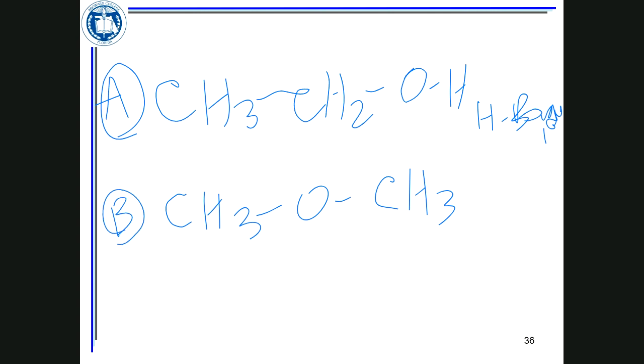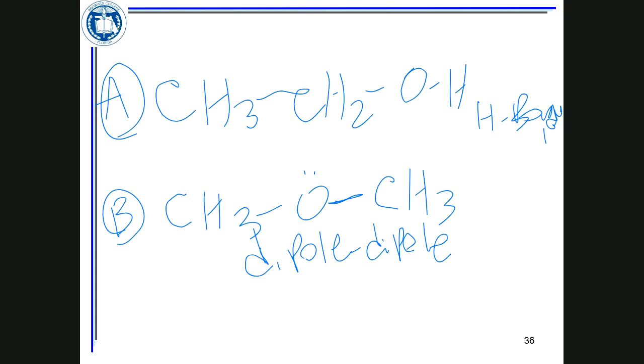There is a polar bond here. Your oxygen is going to have, because there's a polar bond here, dipole-dipole. What about the mass? You have 2 carbon and OH, 1 oxygen. You have 2 carbon, 1 oxygen, and 6 hydrogen for both of them.